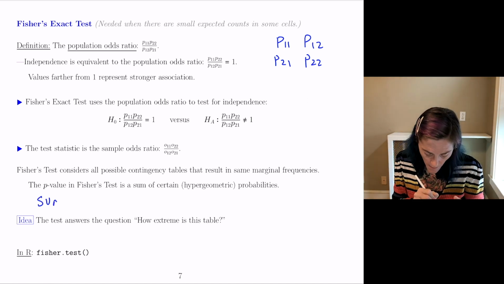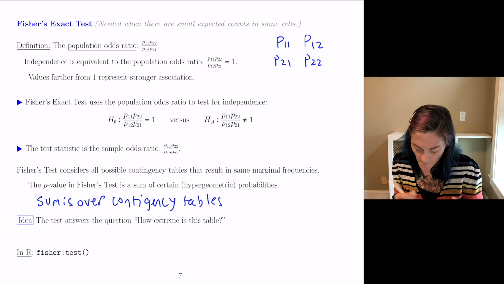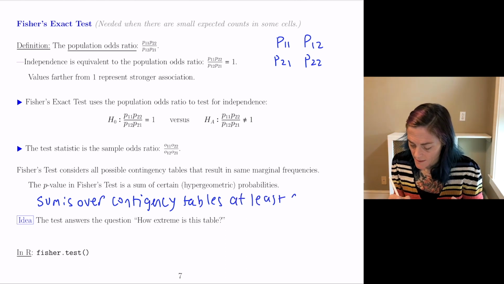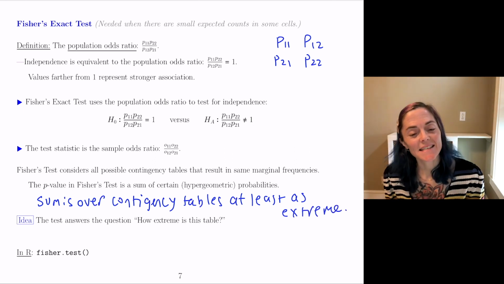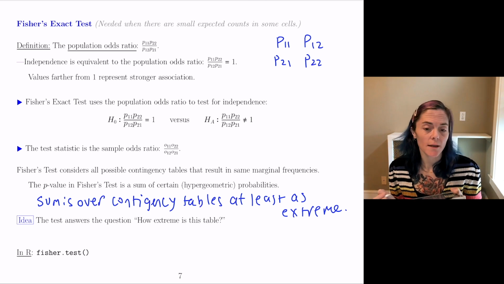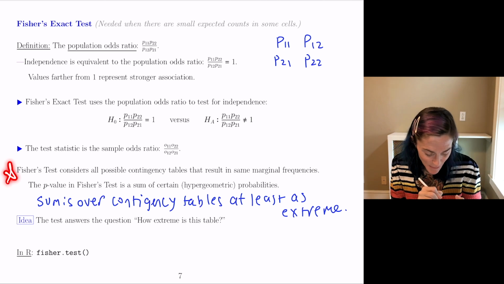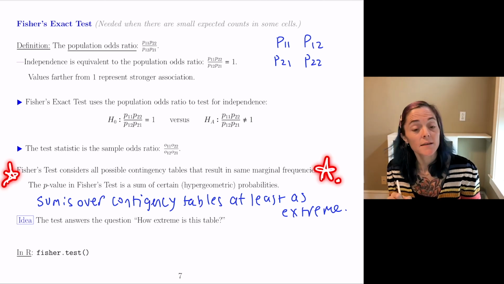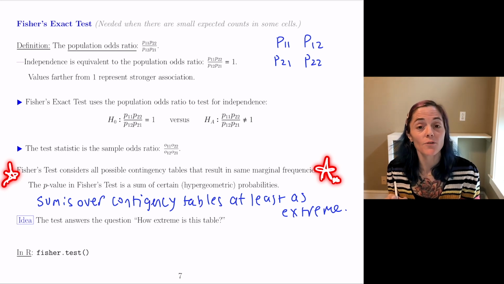The sum is over contingency tables at least as extreme as the one that we have from our sample. And the idea is that Fisher's test answers the question, how extreme is this table? Now, in this remark, Fisher's test considers all possible contingency tables that result in the same marginal frequencies.